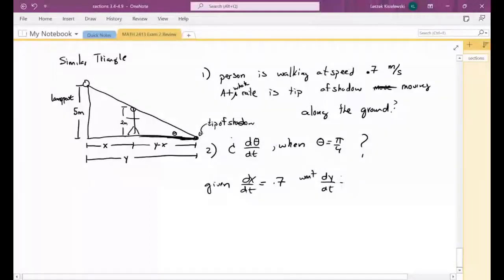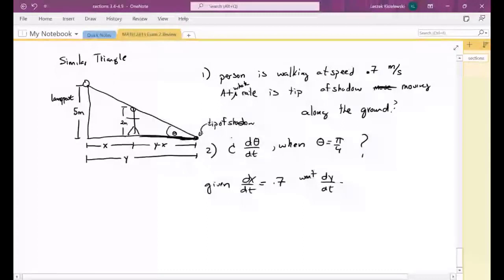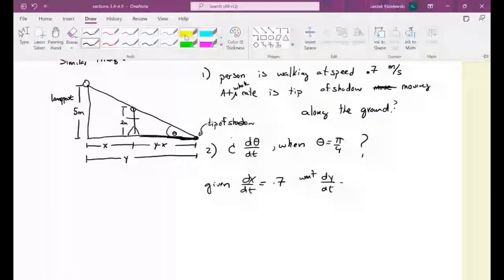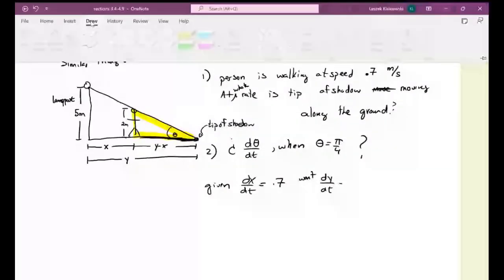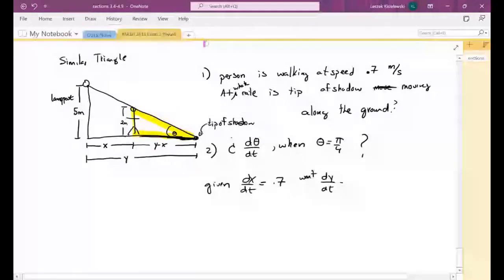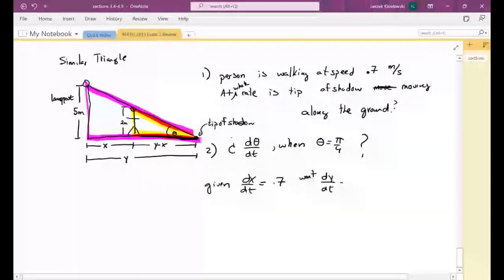So do you see how we can use similar triangles here? What are similar triangles? Objects that have the same shape, if not the same size. You can think of it as this theta being the same for either this triangle or the bigger one. It's the same shape, so the thetas would be the same.